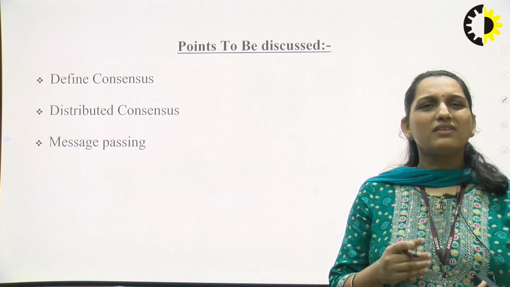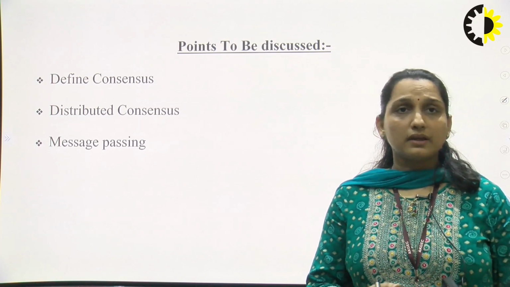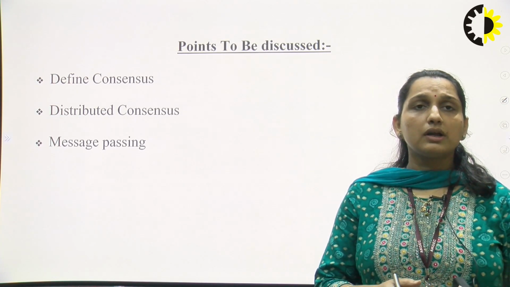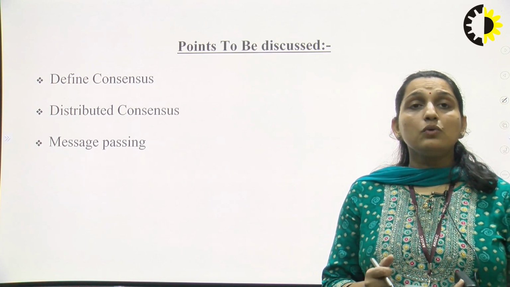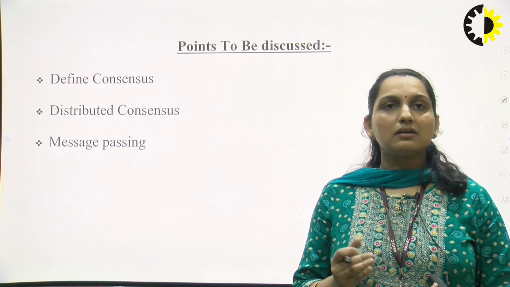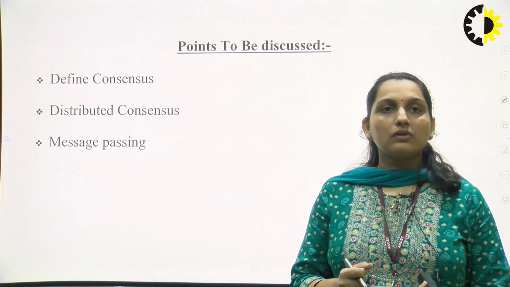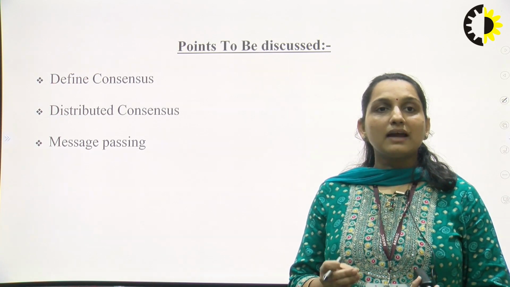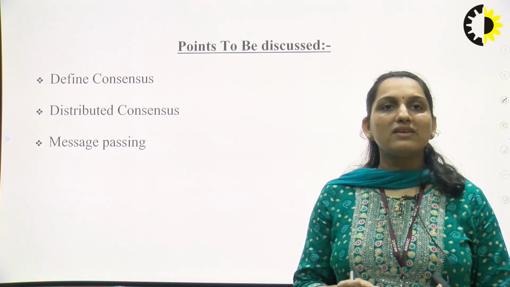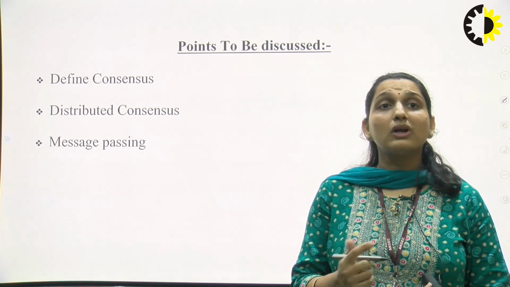We will define what is consensus, what is distributed consensus, and what is message passing that we can use in a consensus. Why do we use a consensus in an open system? Because we know the existing open system is Bitcoin. In Bitcoin, we don't know about the person who is coming into a network and going outside the network, because it's not a closed network.